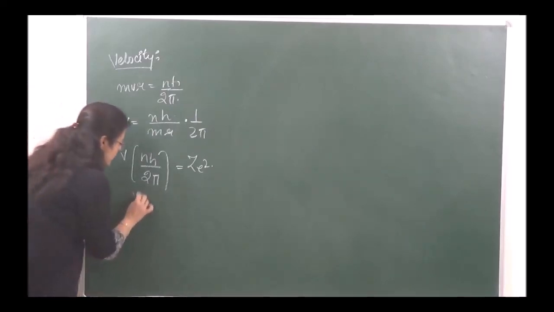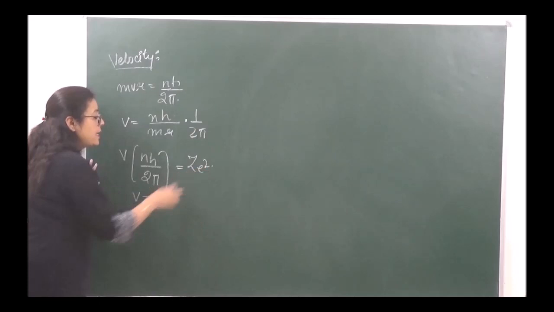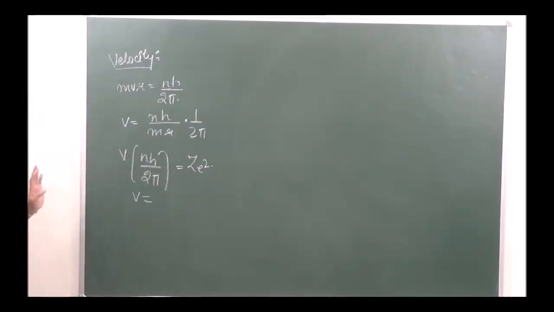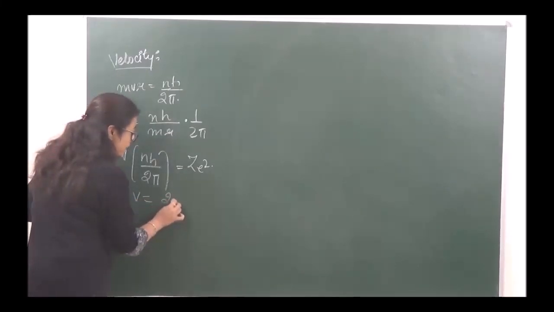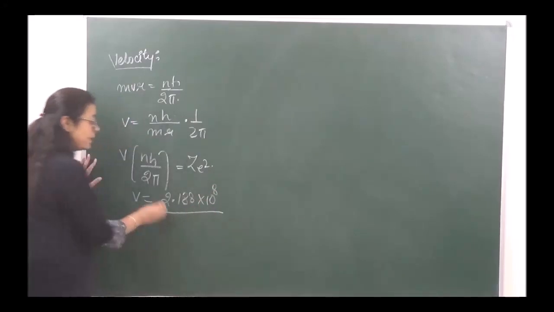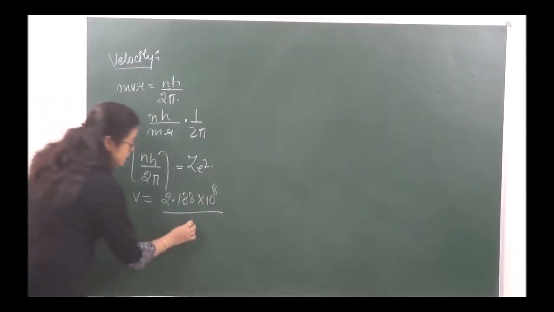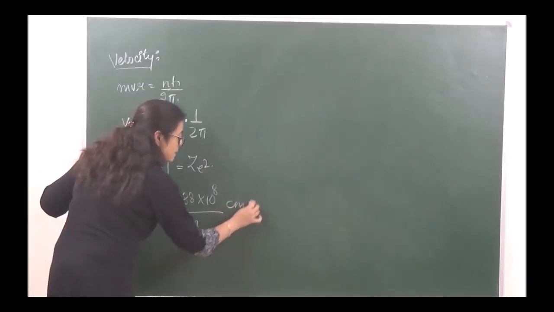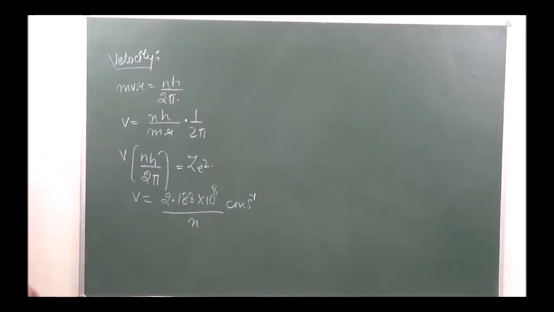Okay, or velocity can be given as: h is constant, 2 pi is constant, and e square is also constant. So the value of velocity is given as 2.188 into 10 raised to power 8 upon n centimeter per second. This is the value of velocity which can be taken.